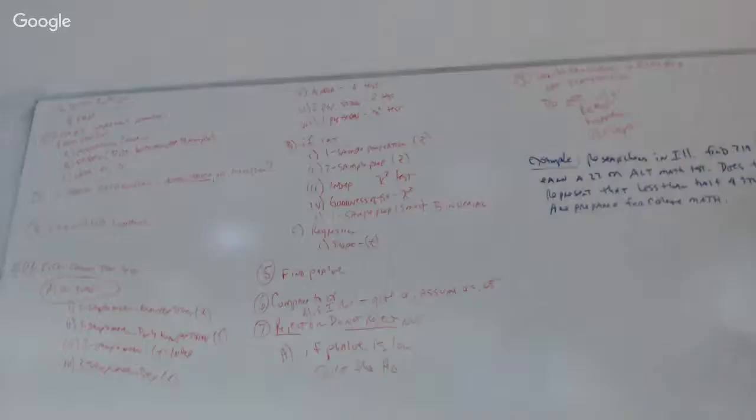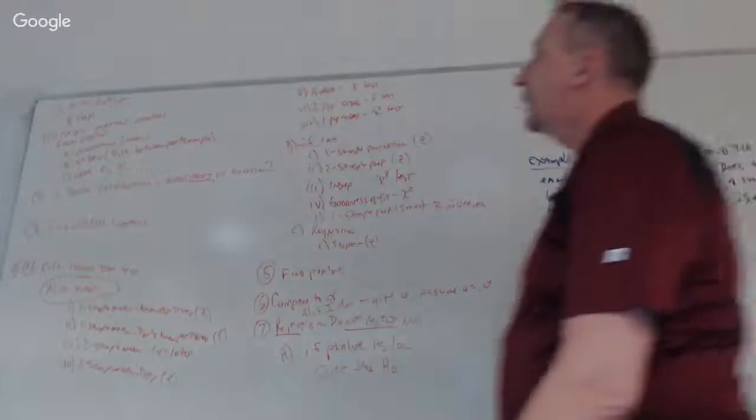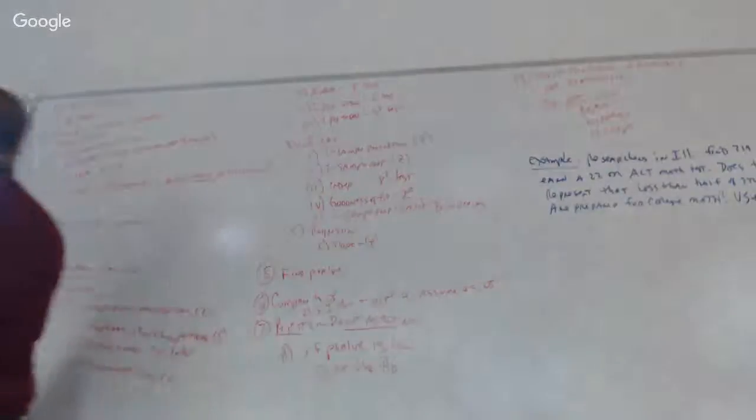Okay, so we're basically saying that a 22 means you're ready. Okay? And use alpha equal to 0.05. Okay? So let's go through our 8 steps.